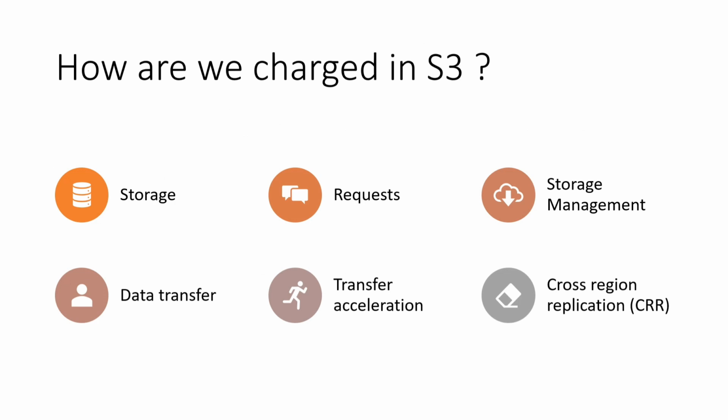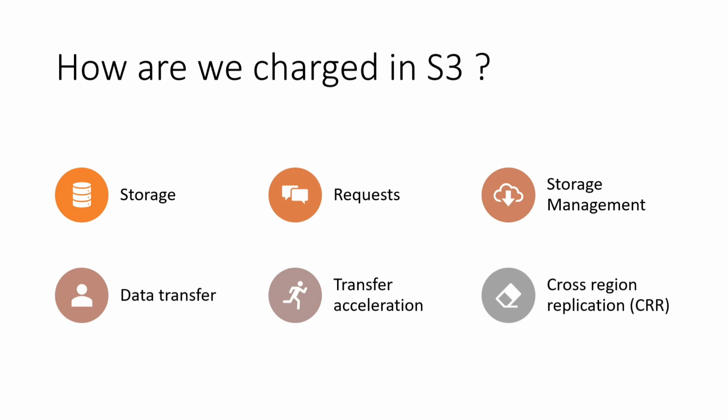So now let's talk about how we are charged in S3. There are various parameters based on which we are charged. First of all is storage: the more storage we use in S3, the more it will be charged. Then requests, and requests means nothing but the reads. Based on read requests or write requests, it will be charged.